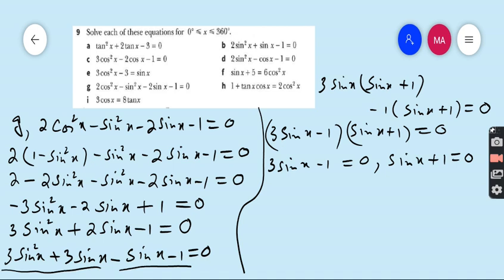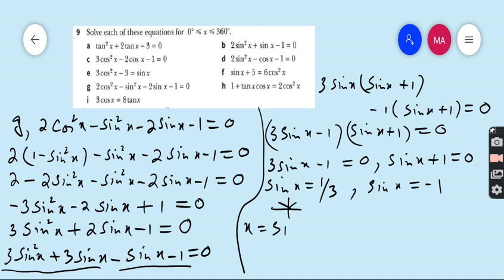From here we have sin x is equal to 1 upon 3, since the minus 1 becomes plus 1 and 3 must be divided. And from the other we have sin x is equal to minus 1. So for sin x equal to 1 upon 3, sin is positive in first and second quadrants.